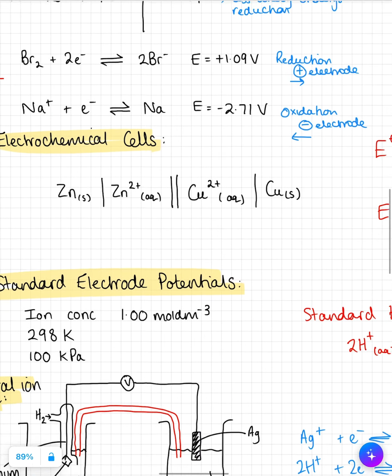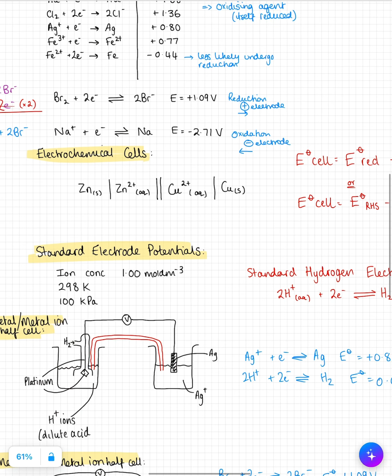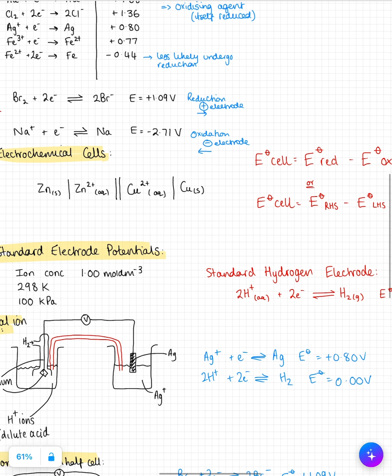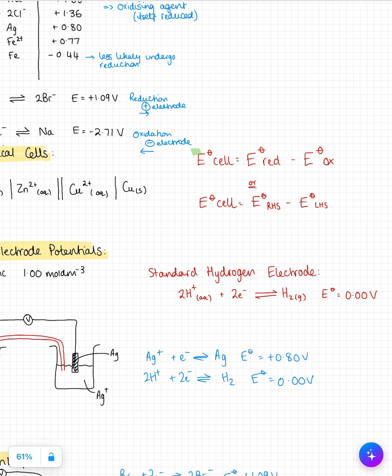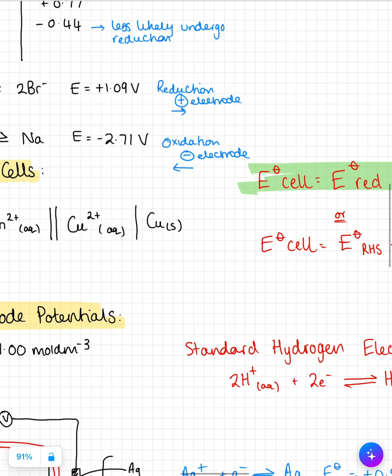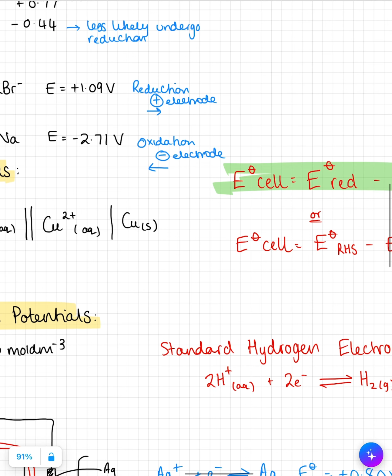We can calculate the overall potential difference, the E cell, of this redox reaction. To calculate the overall E cell, the potential difference, we do the E cell value of reduction take away the E cell value of oxidation.